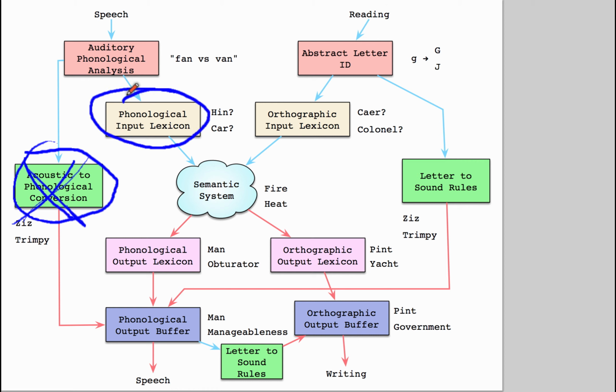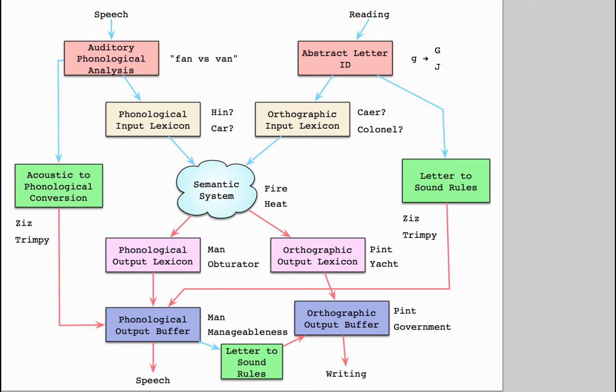So if a person heard, remember this is the input side, Trimpy, they wouldn't find a match for it in their mental dictionary. They wouldn't be able to repeat it. Of course, we know people can do that. That's because they can do this simple acoustic to phonological conversion.